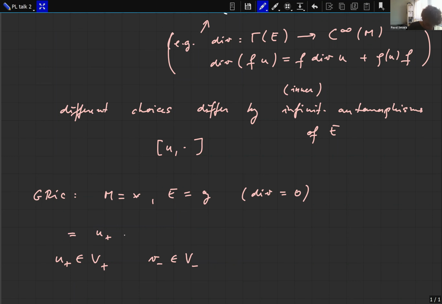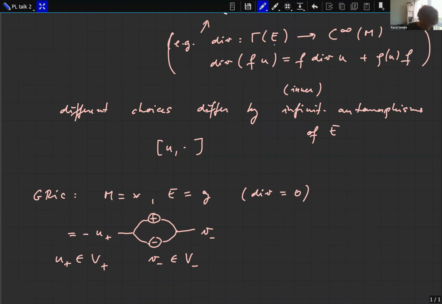So we take v plus. Now this vertex is the structure constants of g. Here we put the orthogonal projection to V plus. Here we take the orthogonal projection to V minus. Again, structure constants, and there is v minus. Maybe there is some sign, but it doesn't really matter.